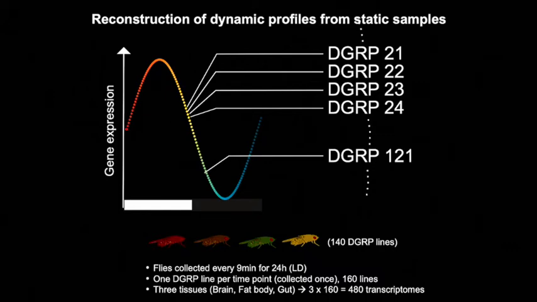But in a sequential fashion, such that every 9 minutes we sample a different DGRP line. So here, we start with a randomly chosen DGRP line. It could be 1 or 21, it doesn't really matter, but let's say 1. And then 9 minutes later, we do DGRP2, then DGRP3, 4, 5, and so forth.